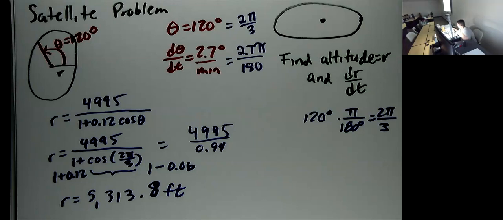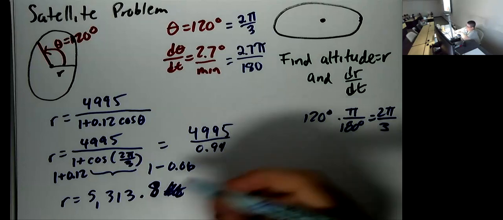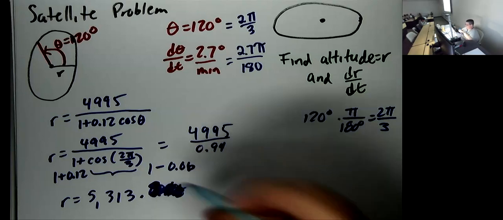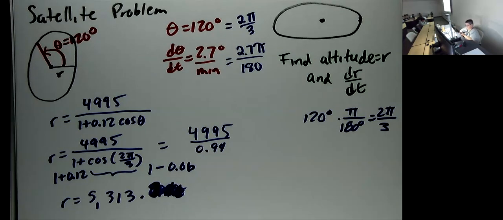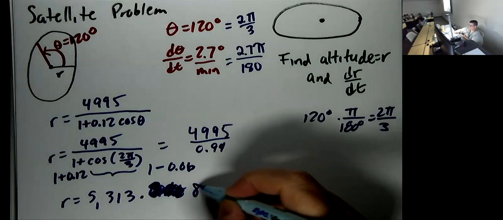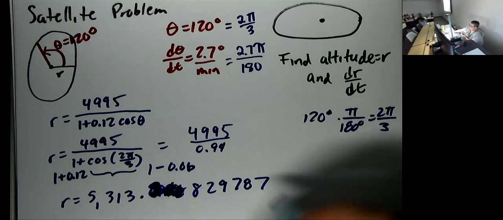It's probably miles. I don't know why the hell it would be feet. That doesn't make any sense. It's gotta be miles. That's not even a mile up. Maybe I'll put all the decimals that I have here. We can decide on accuracy later. 829,787 miles.